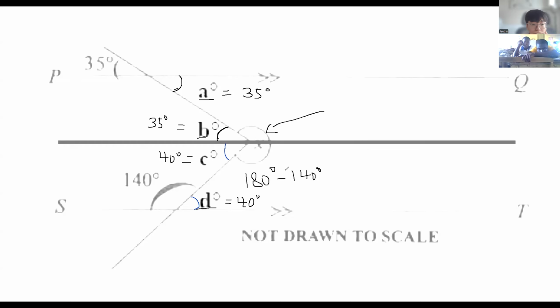Yeah, 35 plus 40 is 75, right? So these together are 75 degrees.